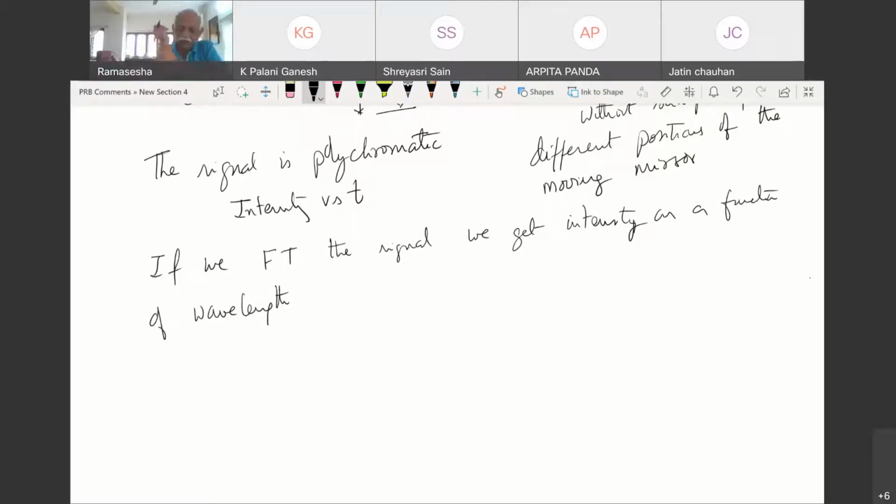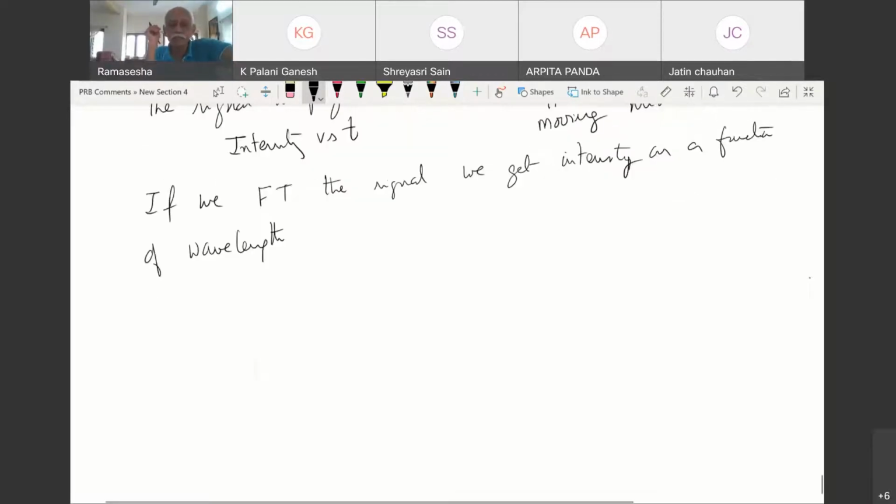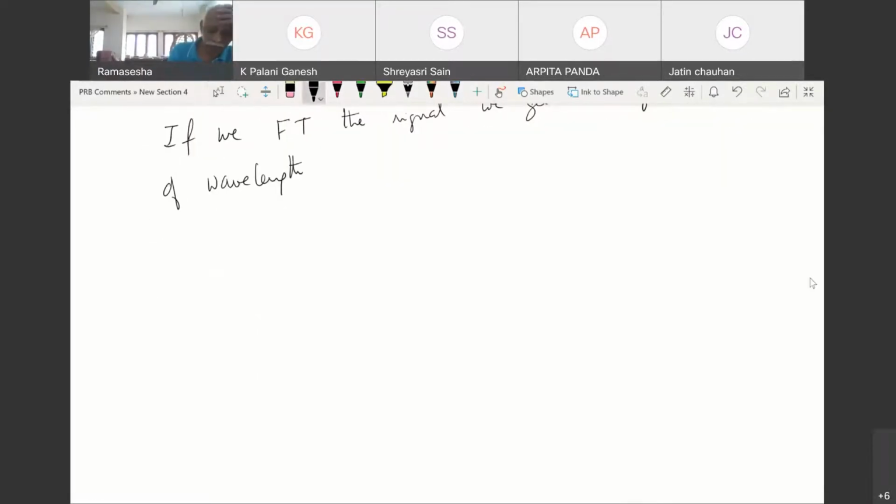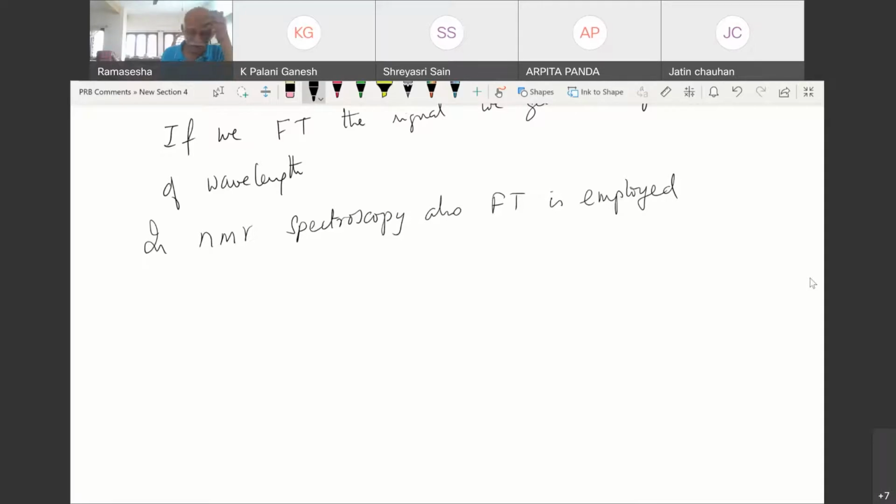This is what the Fourier transform usually does. And of course you also have Fourier transforms in NMR. Fourier transform is also employed. Here what you do is the decay in induced band.